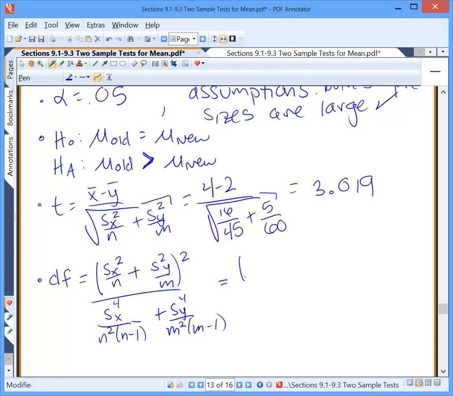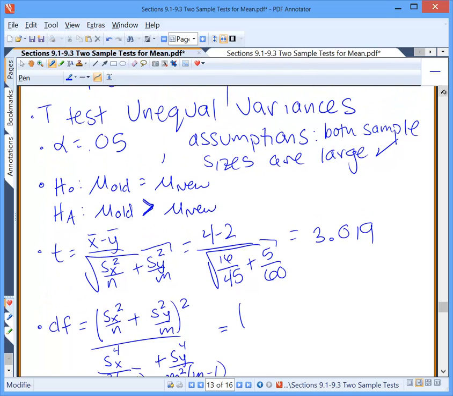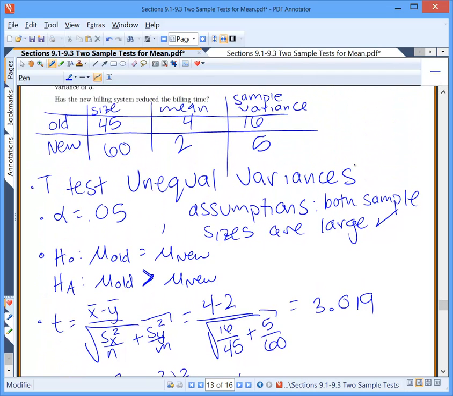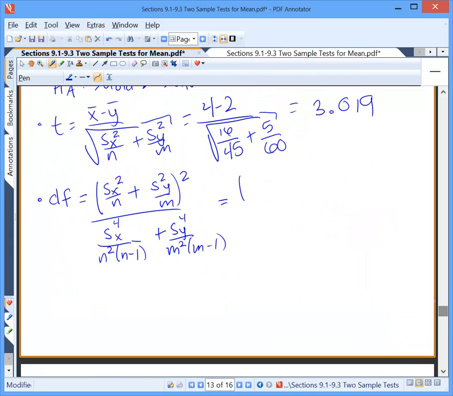So let's plug everything in. So first variance is 16, sample size is 45. The next variance is 5 over its sample size of 60. Now remember, if they ever give you standard deviations instead of variances, you can just square them to get to the variance.